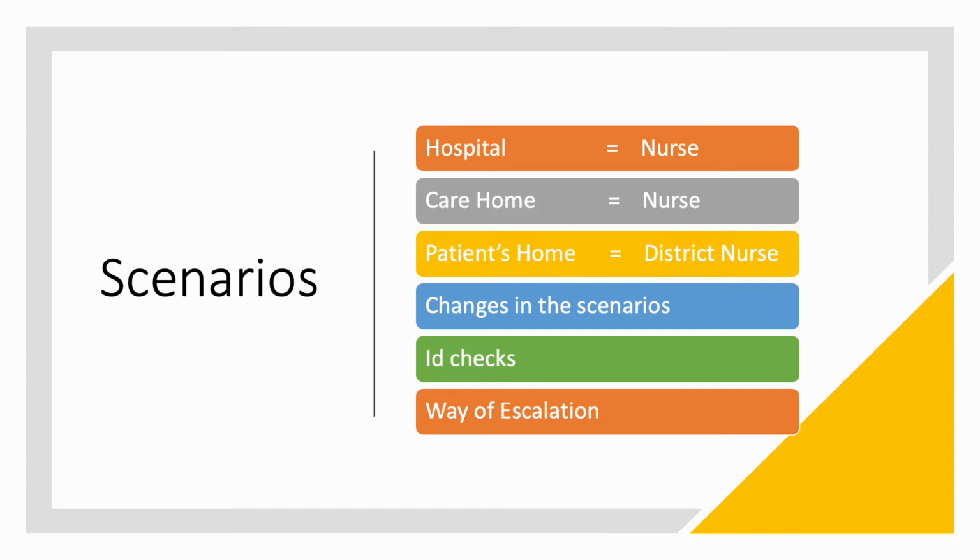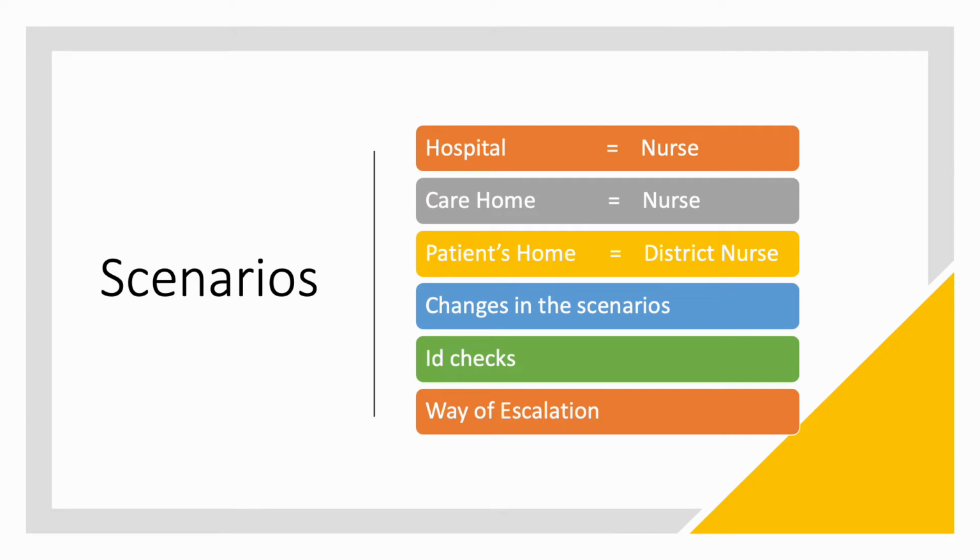The way you escalate things at the end of the APIE assessment also depends on the scenario. For example, if you are in a hospital, you will say, okay, you have some abnormal findings, and I will escalate it to your consultant, or to the doctor who is looking after you.